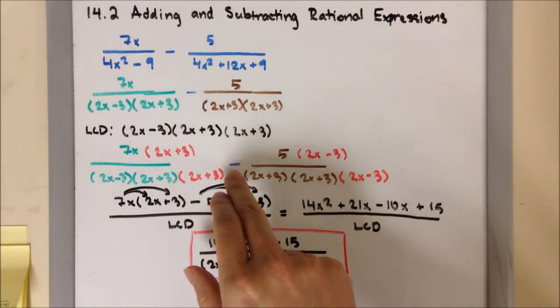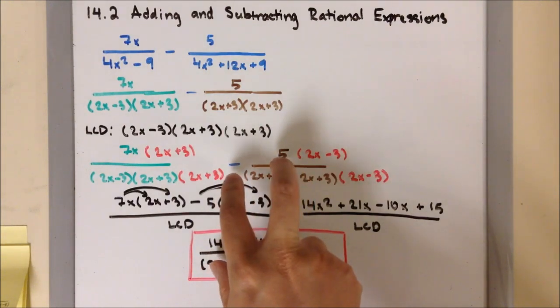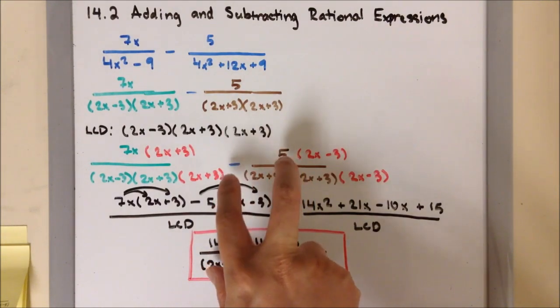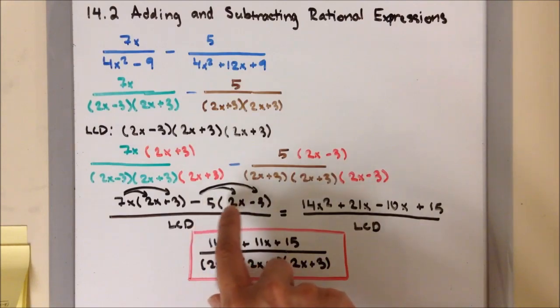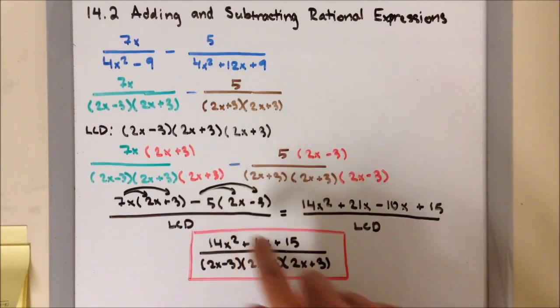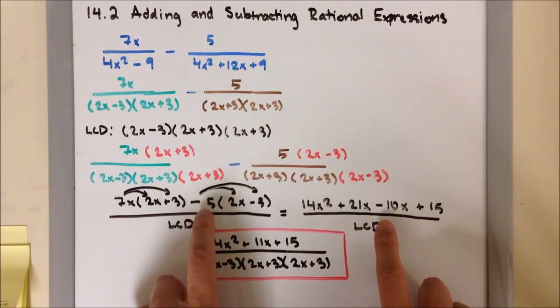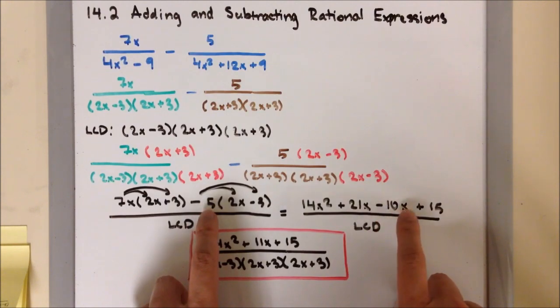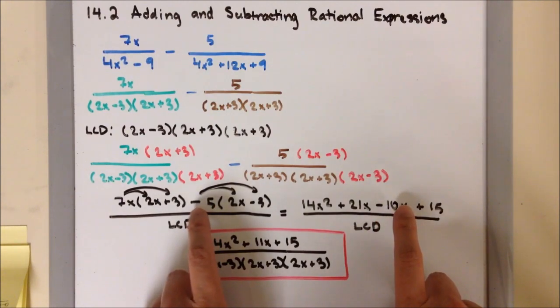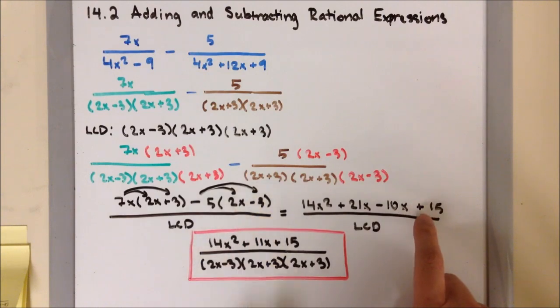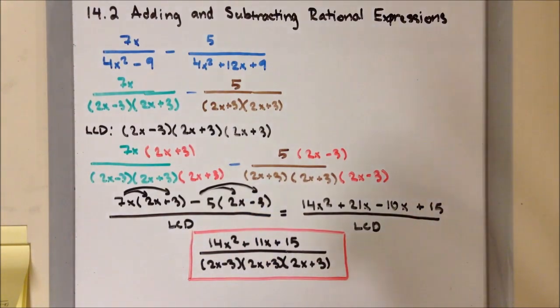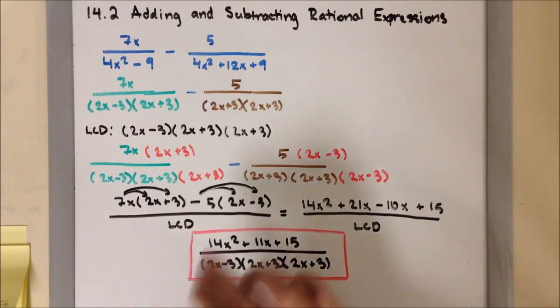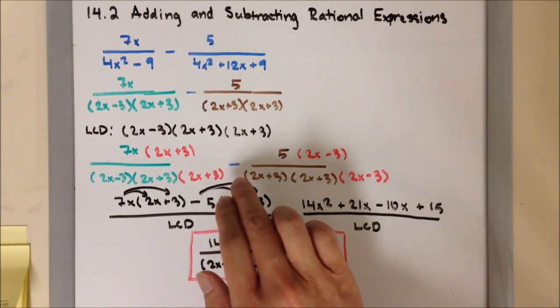Basically, the minus will go to the 5, and when I'm distributing, instead of just 5, it's now negative 5 to the 2x and negative 5 to the minus 3. So when I distribute the minus 5 to the 2x, that's how I got minus 10x. And when I distribute the minus 5 to the minus 3, that's how I got plus 15. So again, be extra careful when you're working with subtraction of rational expressions.